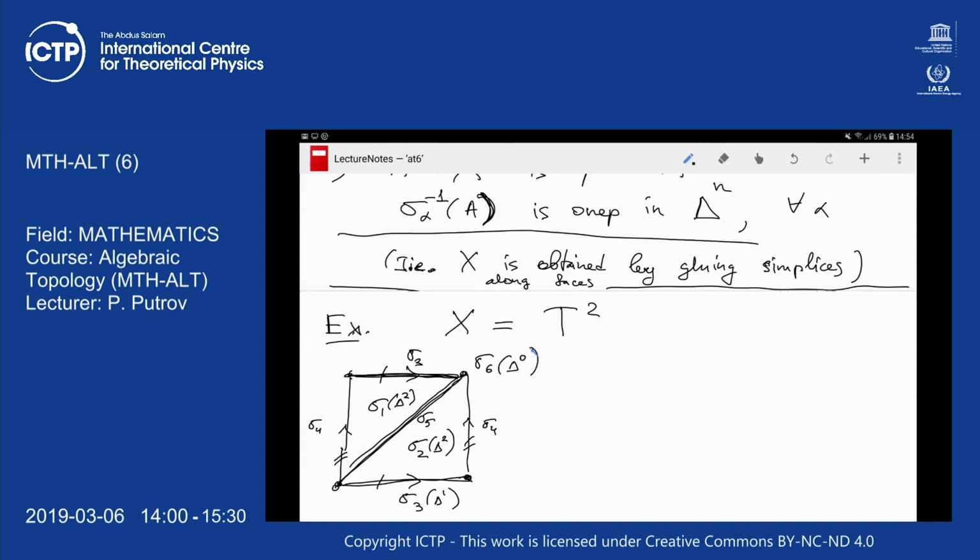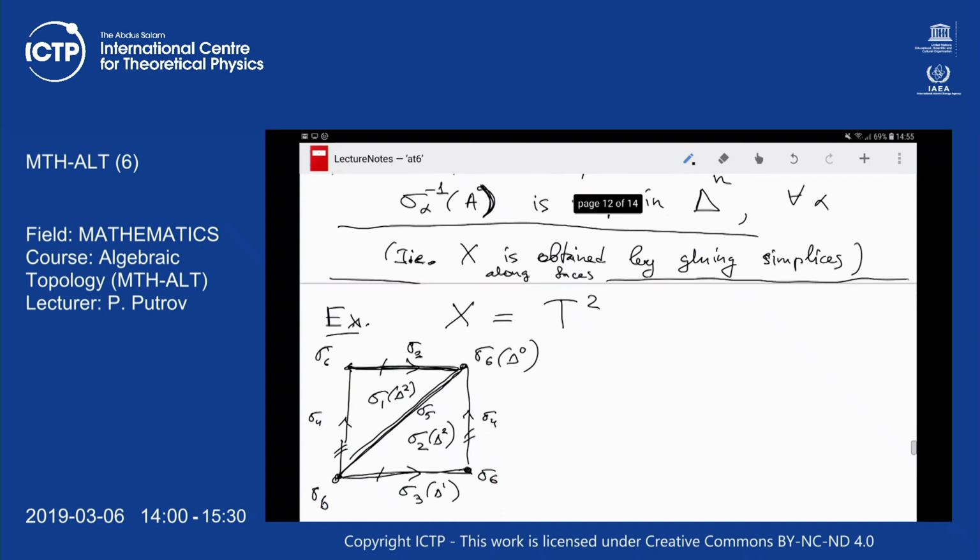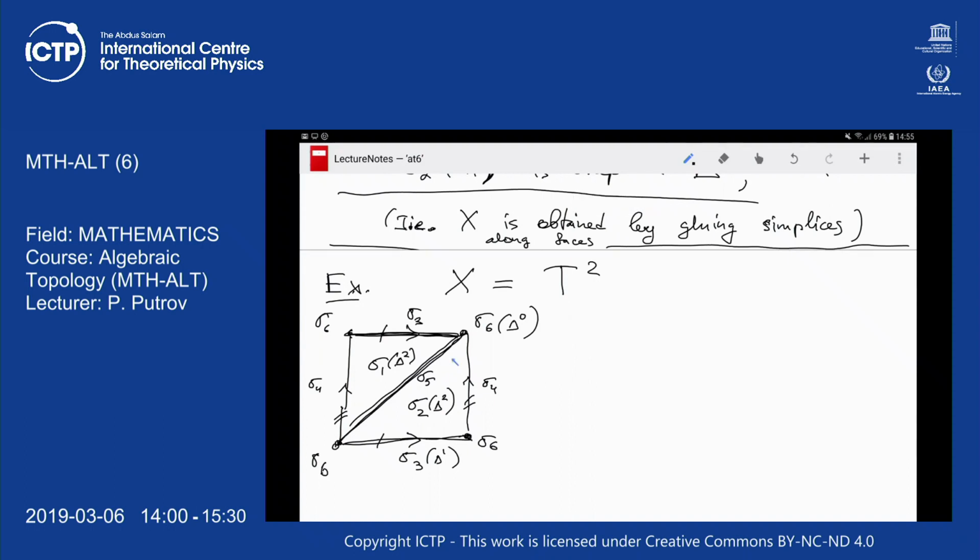That's the image of delta 0, just a point. So all these 4 points are identified. Sigma 6, sigma 6.